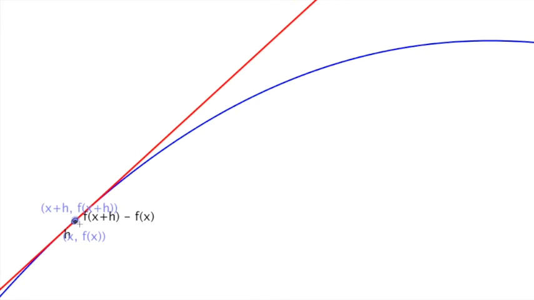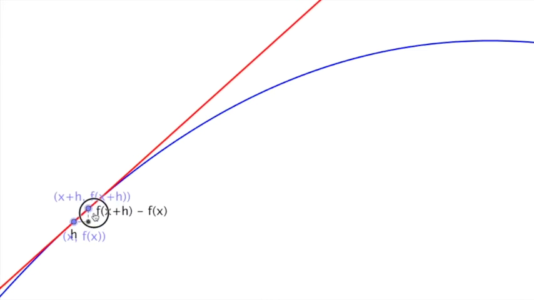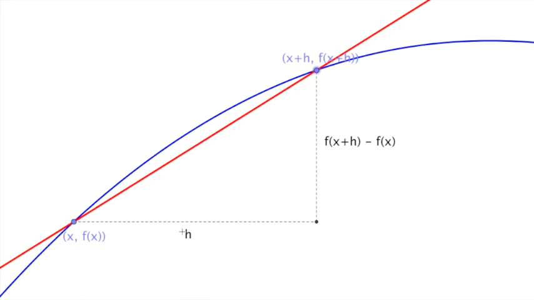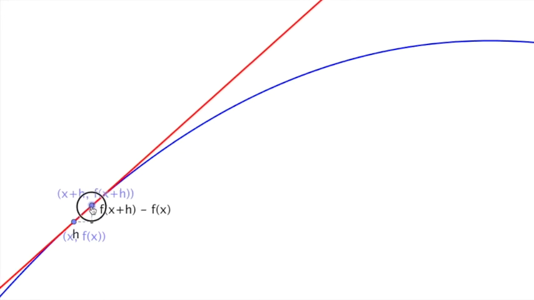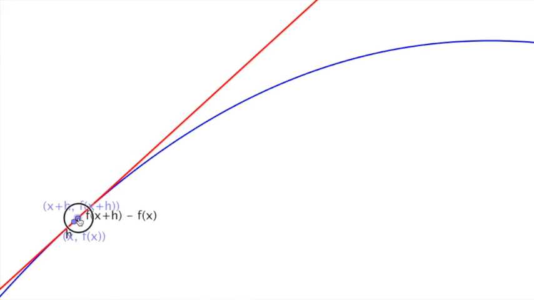So we want that h to basically become infinitely close to 0, infinitely small. Okay, and by making h an infinitely small value, then we are going to have these 2 points being infinitely close together, and therefore, as you can see from the red line there, it's a true tangent to the blue curve at that point.